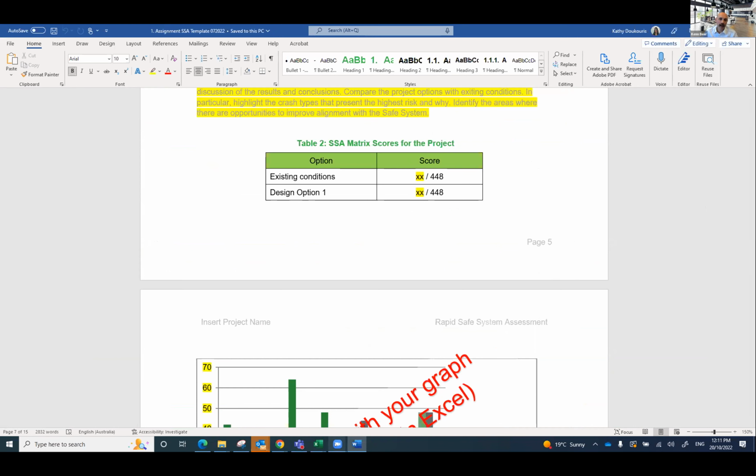I just want to reiterate a couple of common things that people lose marks for. So it's a good way to help people do better is say what people commonly get wrong. There's some people aren't quite clear that we are looking for recommendations to improve the design.